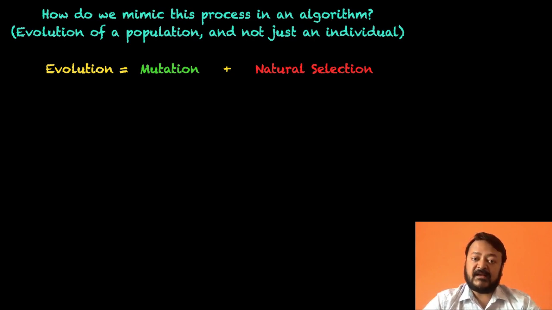Here, one point that is very important to understand, that we are talking of evolution of a population of cells, not of just a single cell. So if you just have a single cell, then its dynamics are very, very different. Here we are talking of population. How does a population of cells mutate and grow and evolve with time? So now let's see how do we incorporate this process of mutation and natural selection in an algorithm.